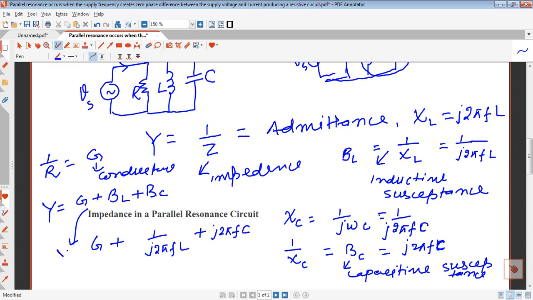As we know, during resonance the imaginary part will be equal to 0, as we have seen in series resonance.